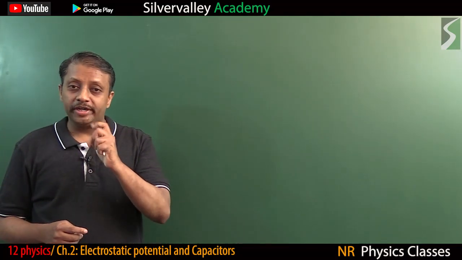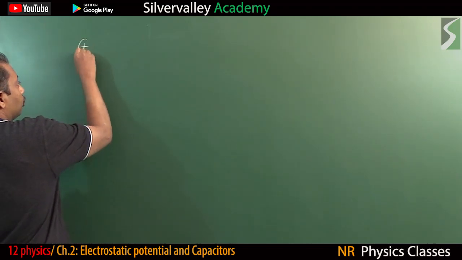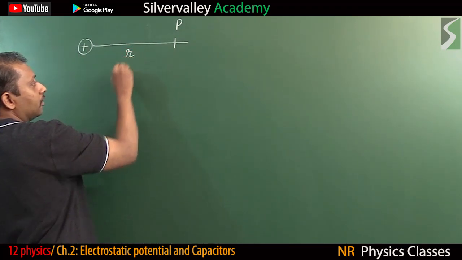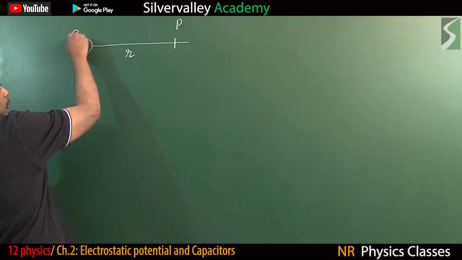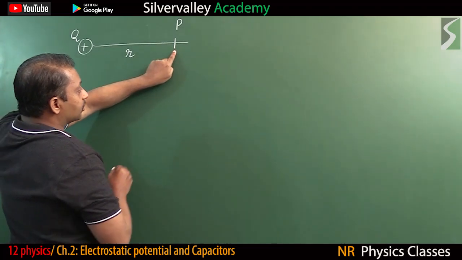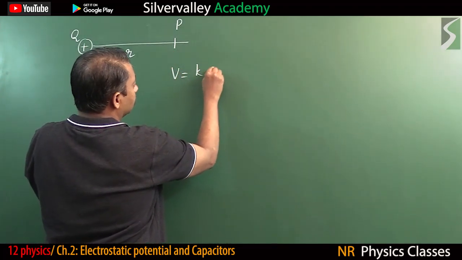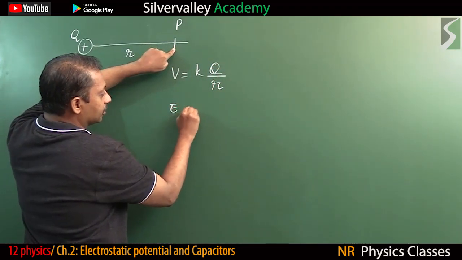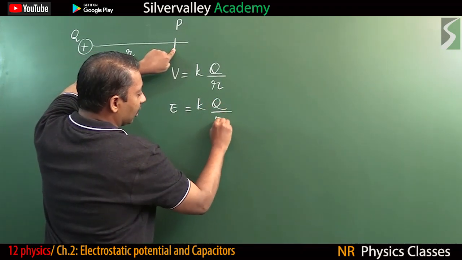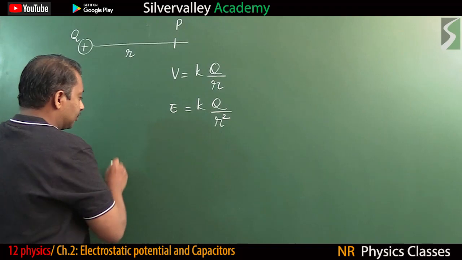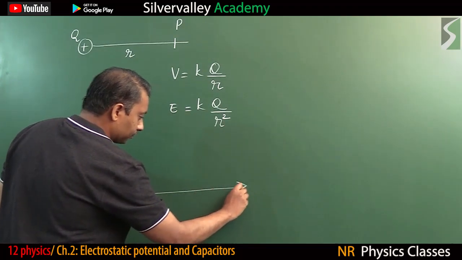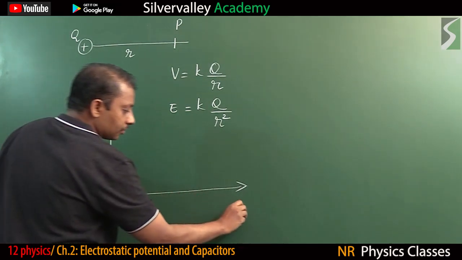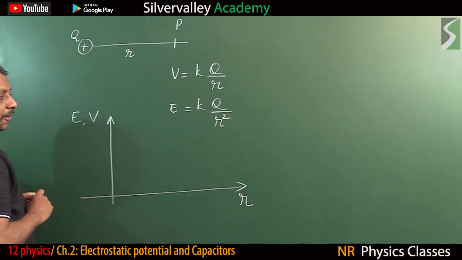Now, due to a point charge at some point P at a distance R, let this charge be Q, okay? Potential at this point is constant times Q by R, and electric field at this point is constant times Q by R square. So a graph of electric field and potential versus distance, okay?